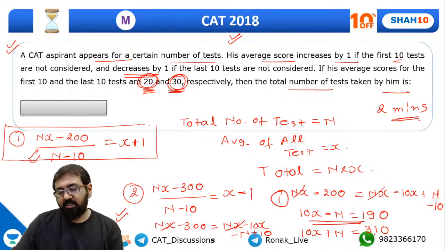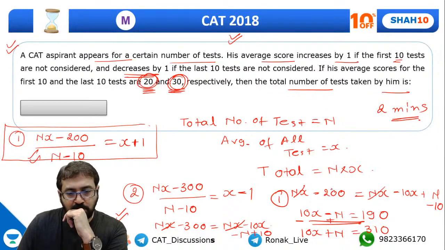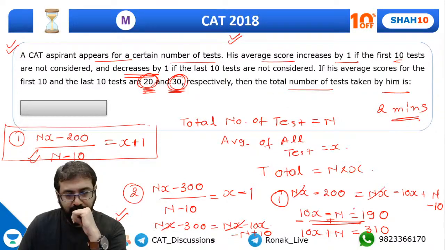If you just add these two, you want to find out the number of tests, n, so subtract this way, correct? You're getting some weird value, isn't it? Let me just check, guys. Just a moment.